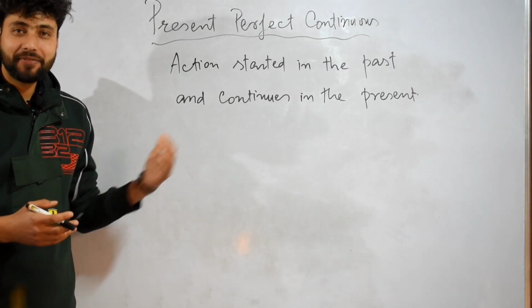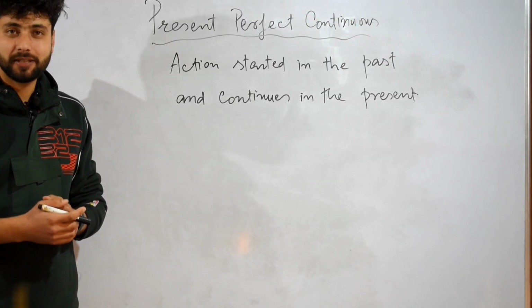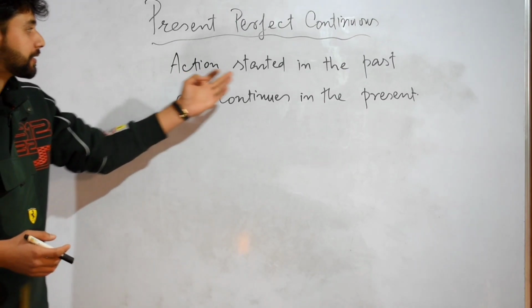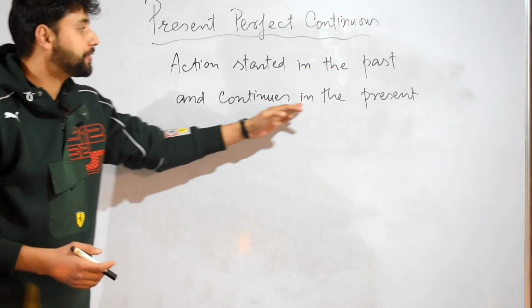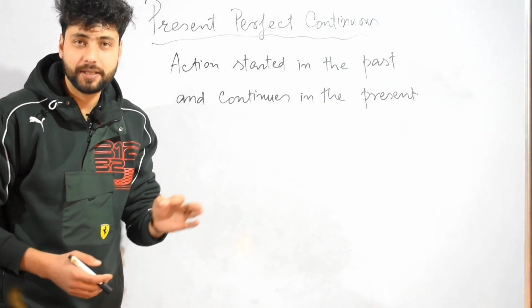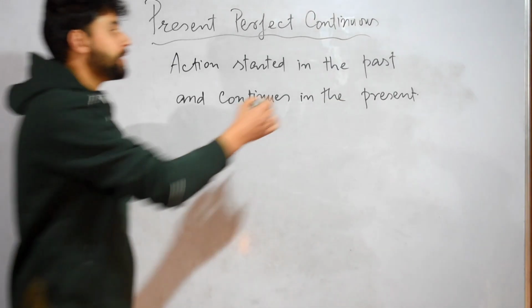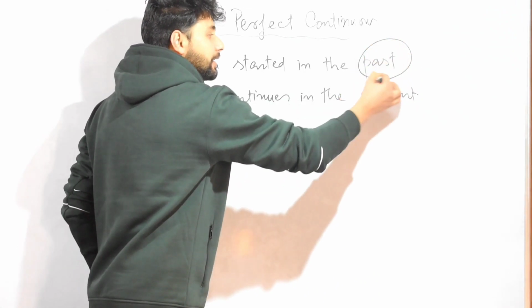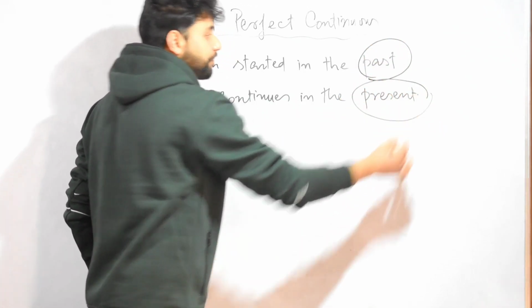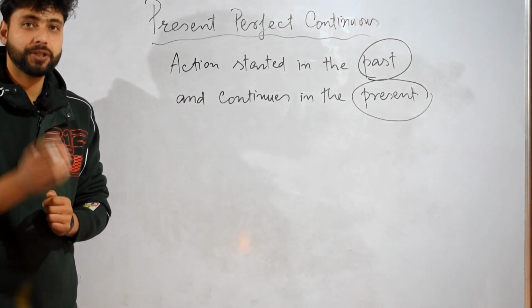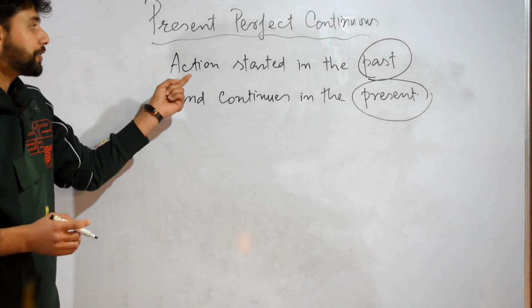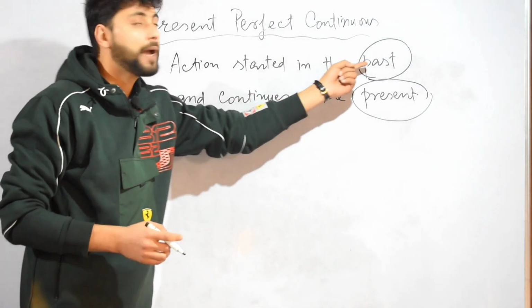Here is the definition of present perfect continuous. An action started in the past and continues in the present. It's very simple. Here the points are past and present. These are the two important points you need to remember. Action started in the past.